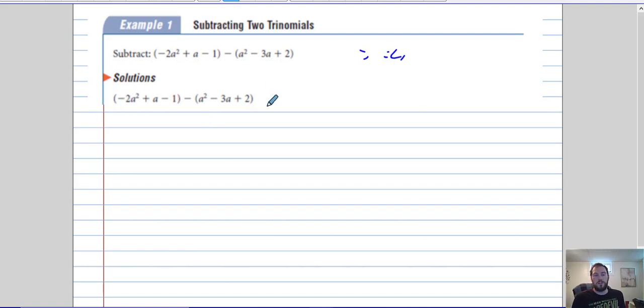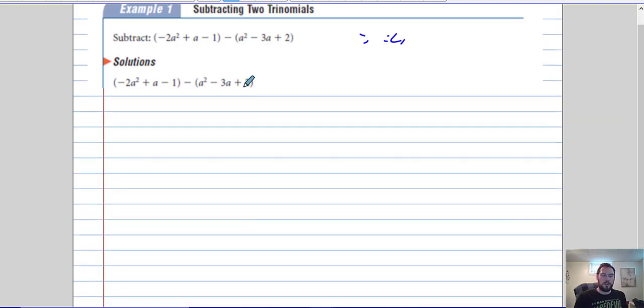So what we're going to do is we're going to do this like an addition. We're going to take this minus, and we're going to subtract all of these things from the original. We're going to combine like terms at the same time. So in this first bracket here, I have negative 2a squareds, and from it, I'm going to minus, right, this minus right here, the a squared that's in my other bracket.